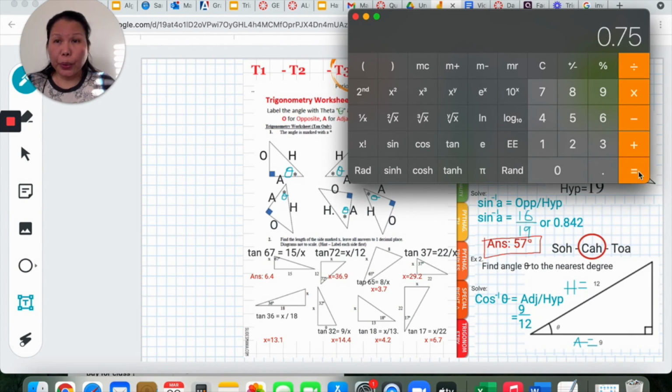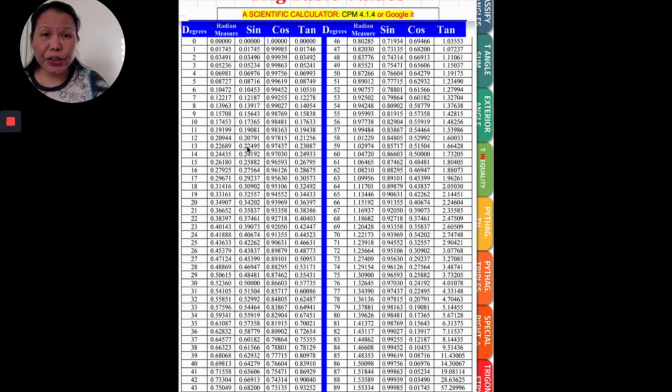I get 0.75, and we're looking down the cos values to find the degree. You can use the trig chart or you can use the scientific calculator. Looking down the trig chart, I am looking for the cos, the middle one, and I'm looking for 0.75. On the right hand side of the blue line, I see it start with 0.69, keep looking down, 0.75.